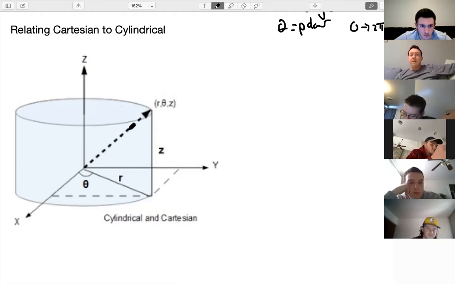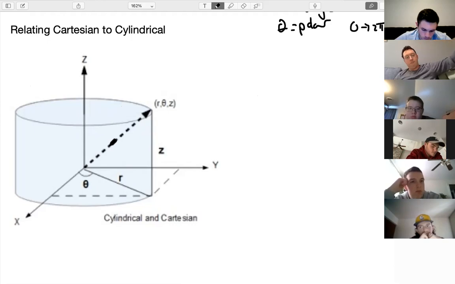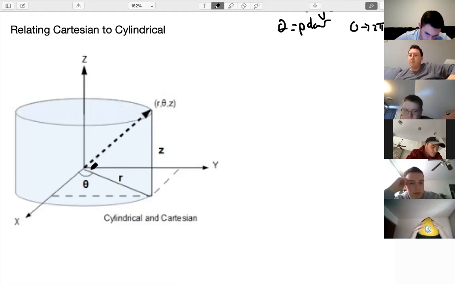It's really pretty easy, because if you imagine you were flying over the top, taking a bird's eye view and looking down at the XY plane, it looks like polar coordinates. From the top down, this just looks like polar coordinates in the XY plane. So immediately you can use the same thing.